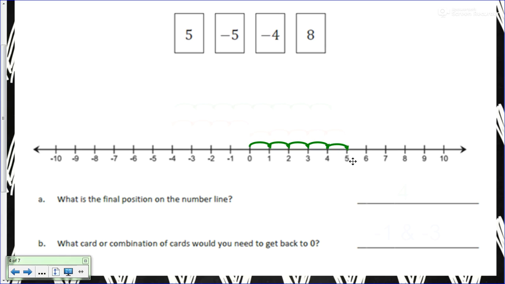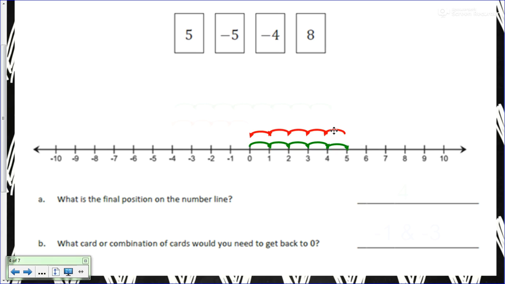But I'm not done. I have more cards. So the next card I'm going to add is my negative 5. Instead of starting back at 0, we're going to count on from 5. So this is now my new starting point because I'm just adding on to it. So when I add on a negative 5, remember that we count to the left or we count down.